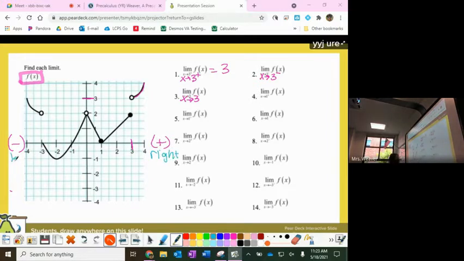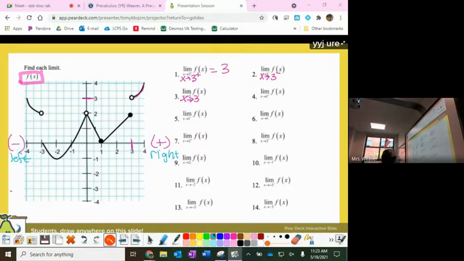The positive and negative make good notation symbols to mean from the right and left, because we're used to thinking of positive numbers on the right and negative numbers on the left on our number line. But literally, this reads the limit of the function as x approaches 3 from the right. The next one we're about to do reads the limit of the function as x approaches 3 from the left. So we don't read that as negative. We read it as from the left, but it is coming from the left side, which we usually associate with negative. Just a little technicality.